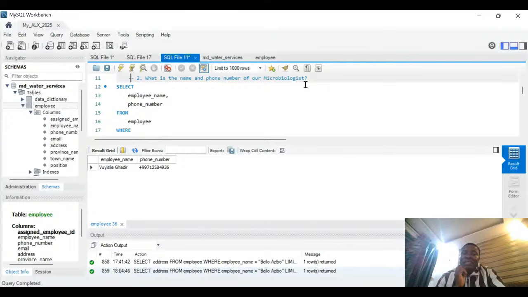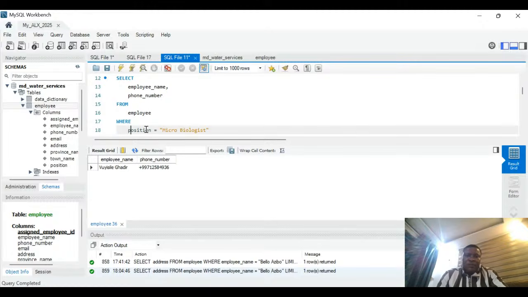You will see that it returns the employee table, so that you can now query it to find out the name and phone number.